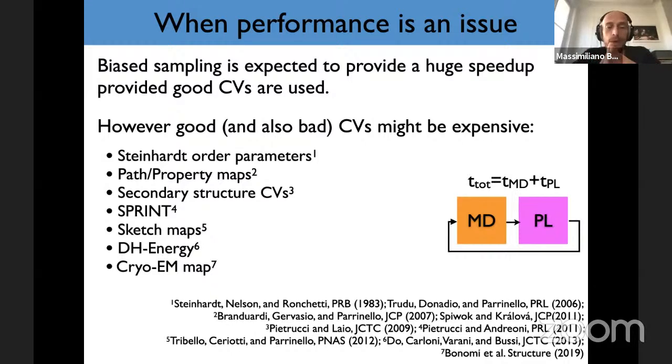Then there are energy-like collective variables, or experimental collective variables. Let's say if you want to simulate and restrain a cryo-electron microscopy map, you have to use a large number of atoms, and it's complicated to calculate. So the total amount of time that the code spends inside PLUMED becomes significant with respect to the time needed by the calculation of a force field.